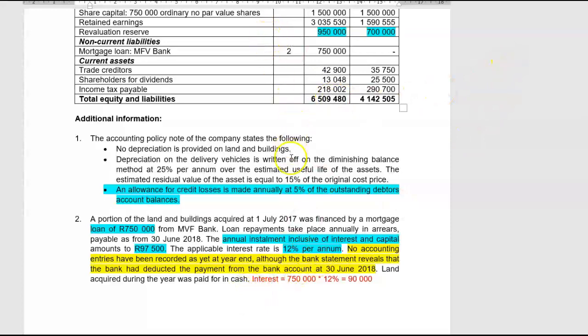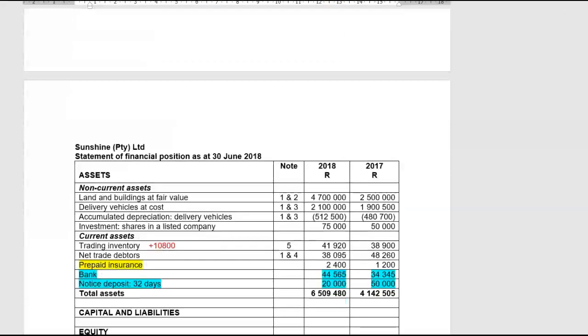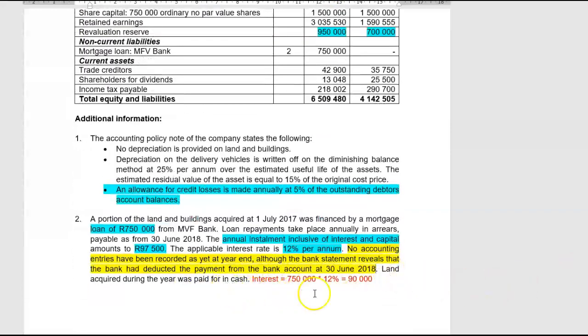But remember, everything was included in our income statement and in our calculation for tax, except this interest of 90,000 Rand. So our closing balance, the amount that we owe the receiver of revenue at the end of the year, cannot be 218,002.